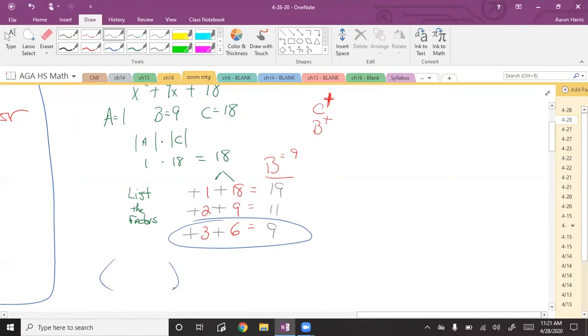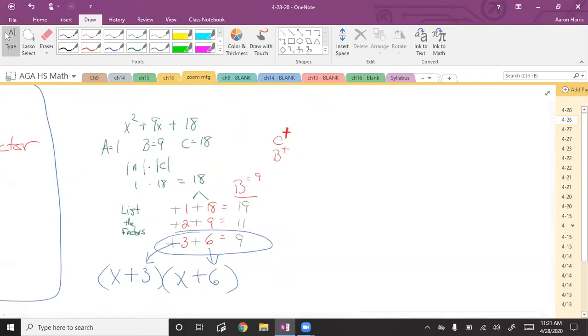So what do I do now, Brooke? Don't you put it into factor form? Yep. Okay, so wouldn't that be x plus 3 and then x plus 6? Beautiful. Does that make sense? Yeah. And you're done. That's how fast that is.